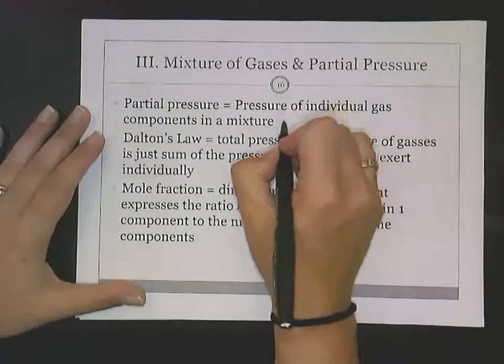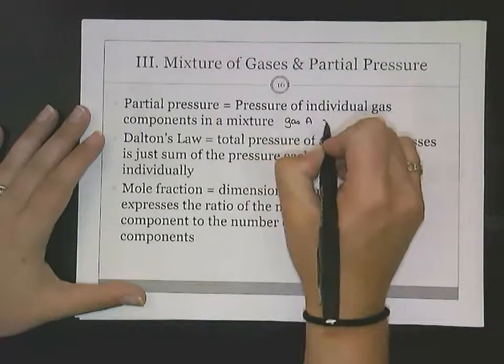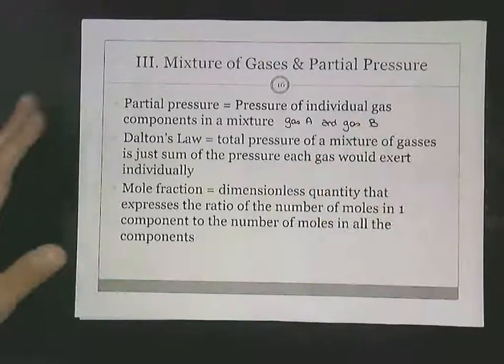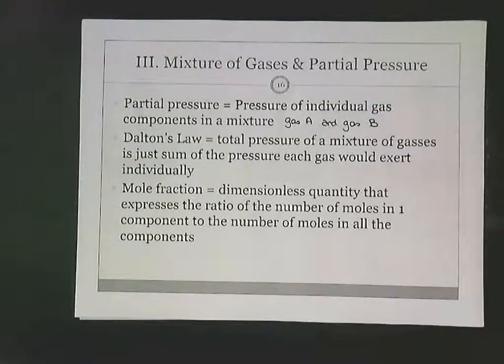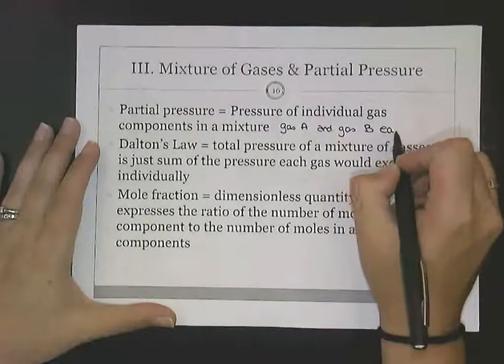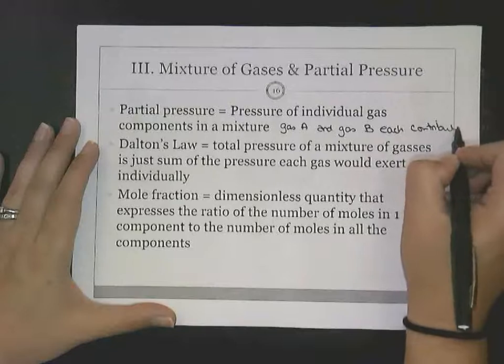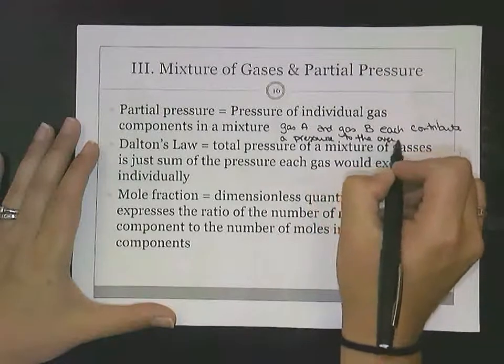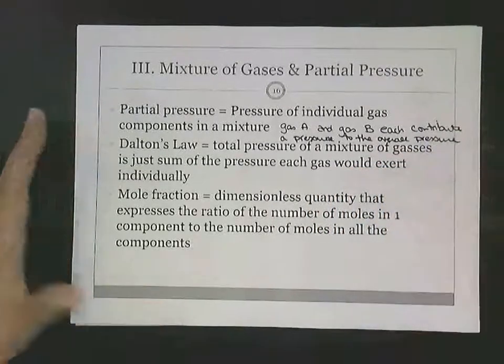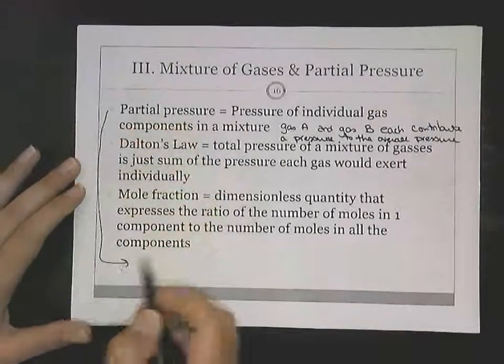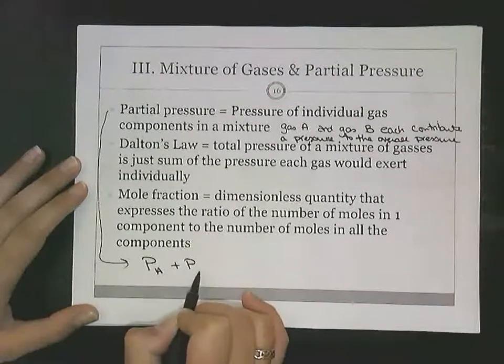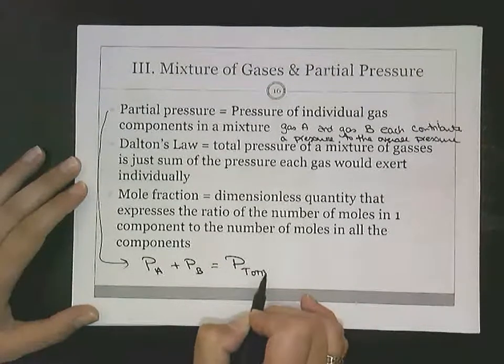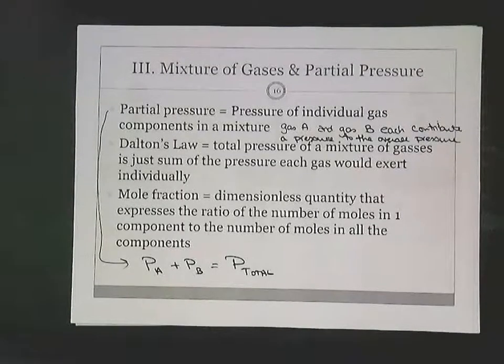So if I have a mixture of gas A and gas B in my container, each contributes a pressure to the overall pressure. In math terms, I could say that the pressure of A plus the pressure of B is equal to the total pressure. So I have two gases, each of which has some amount of pressure, and altogether it must make the total pressure of the system.